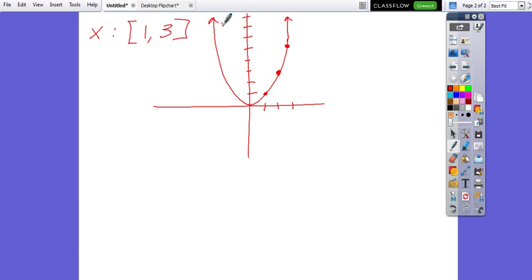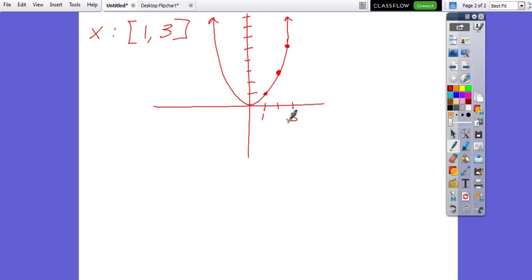Alright, so I've got some identified points up here. I've got 3 points identified, but there are only 2 of them that really matter. Which 2 matter? Well, the point that has x coordinate of 1 and the point that has x coordinate of 3. How do we know which point to go to?